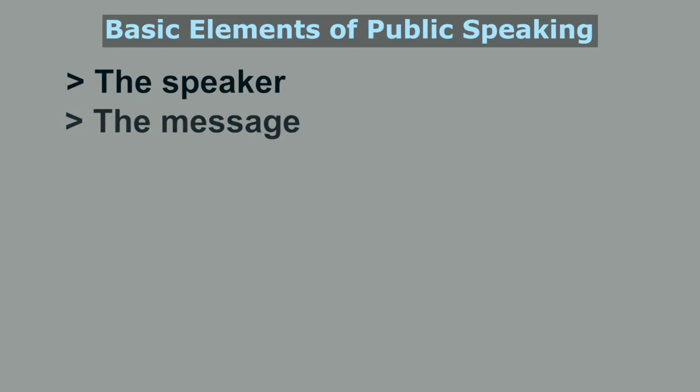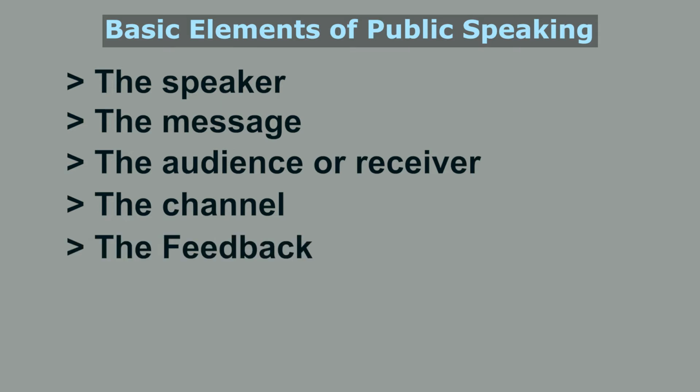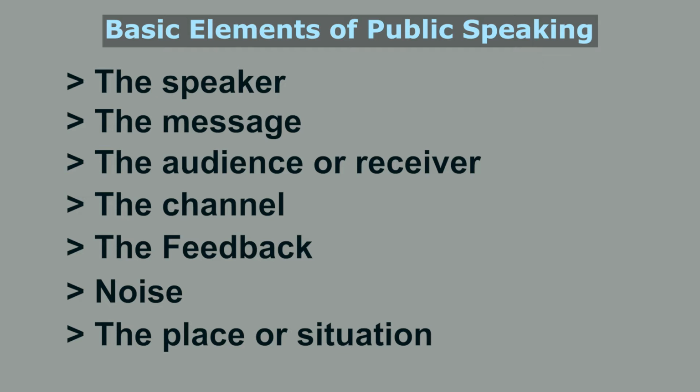Now let us come to the basic elements of public speaking. Like any communication process, the basic elements for public speaking are the speaker, the message, the audience or the receiver, the channel, the feedback, noise, and one very important thing here, let me tell you, is the place and situation.